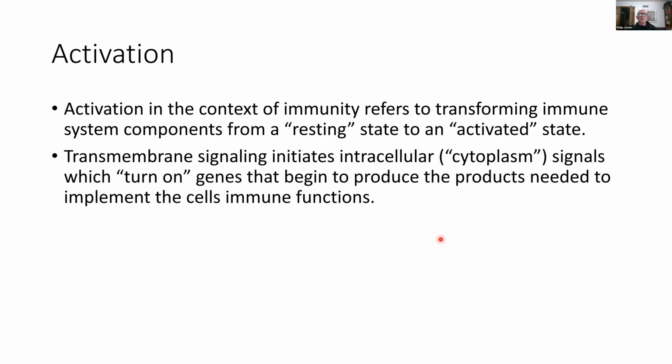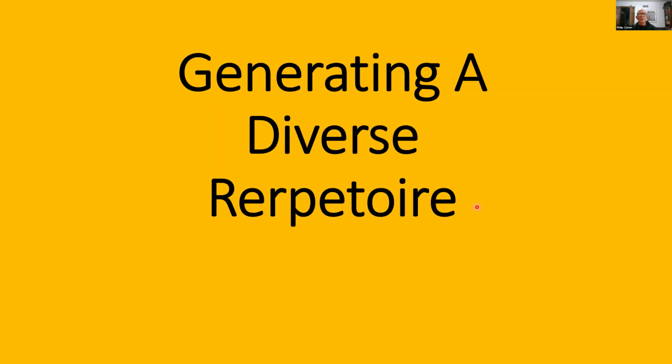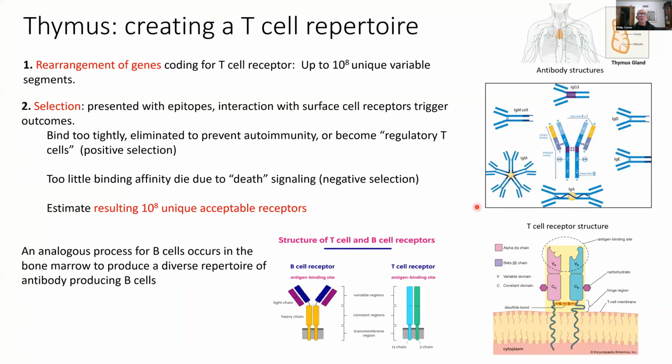And transmembrane signaling is what initiates signals that turn on genes that begin to produce the products needed to implement the cell's immune functions. So generating a diverse immune response and a diverse repertoire.